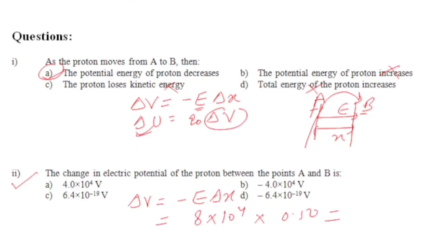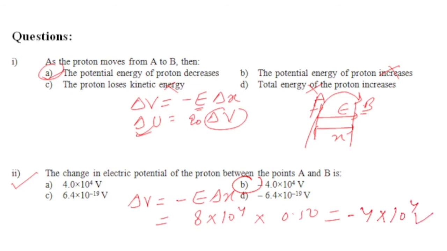Okay. Which one is correct? Option number B is correct, minus 4 into 10 to the power 4, because the formula is minus E delta x, so the minus sign is there. So you get the answer minus 4 into 10 to the power 4 volt. Hope you get the correct answer.